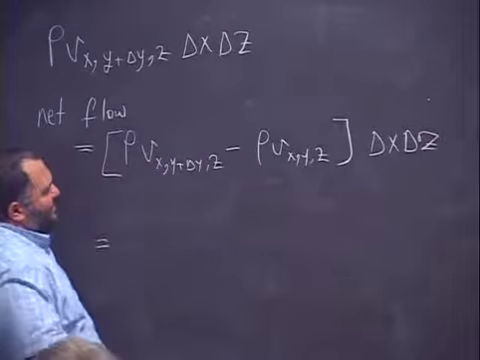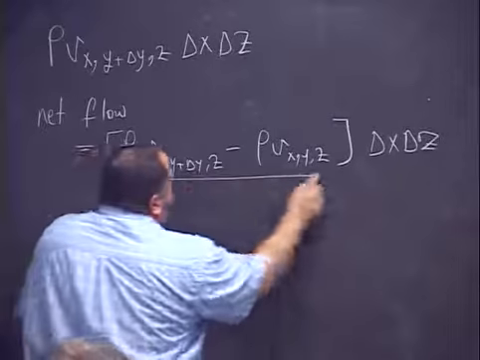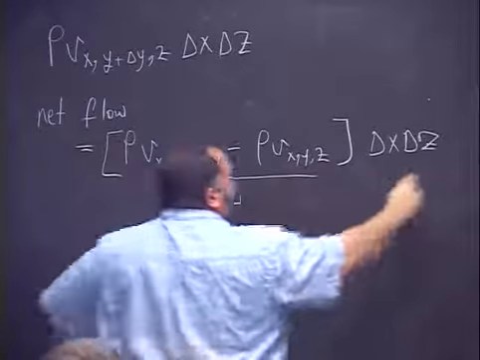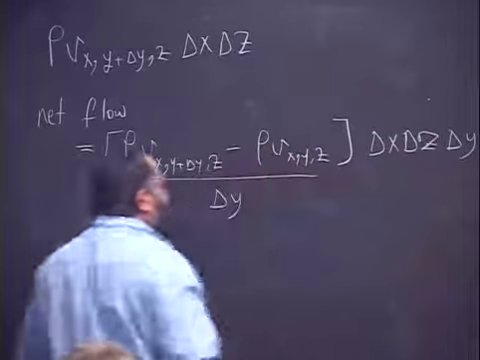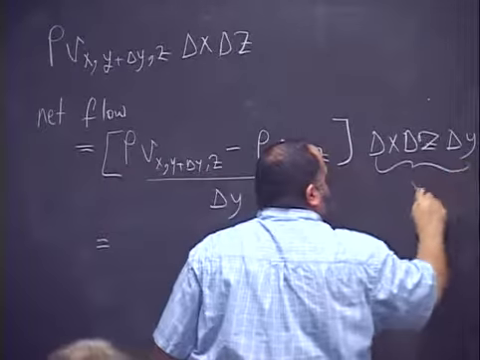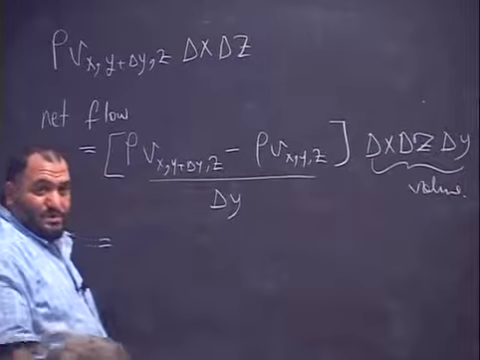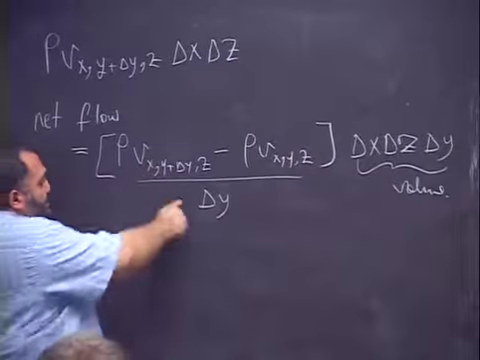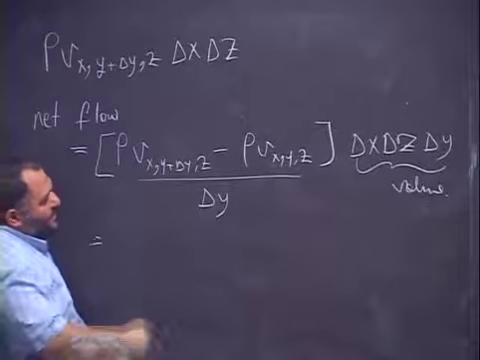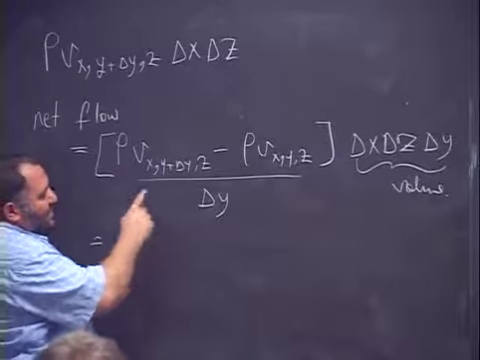If we divide here by delta y and multiply it here by delta y. So what's this? The volume. Yes? And if we take the limit for delta y goes to 0, this will give me what?